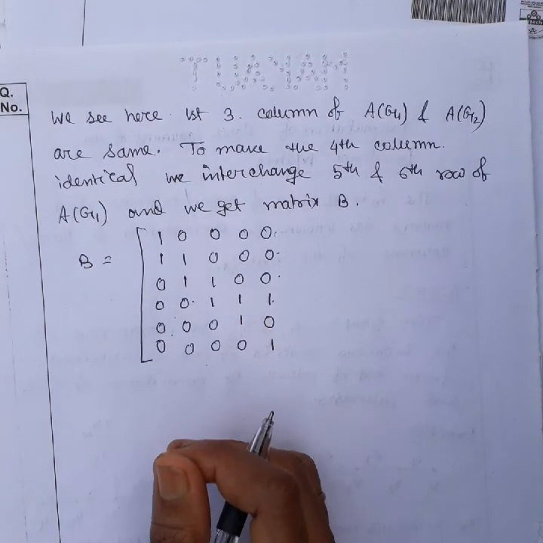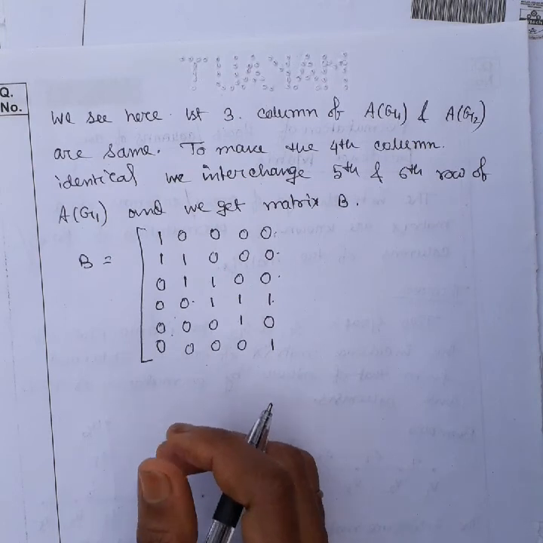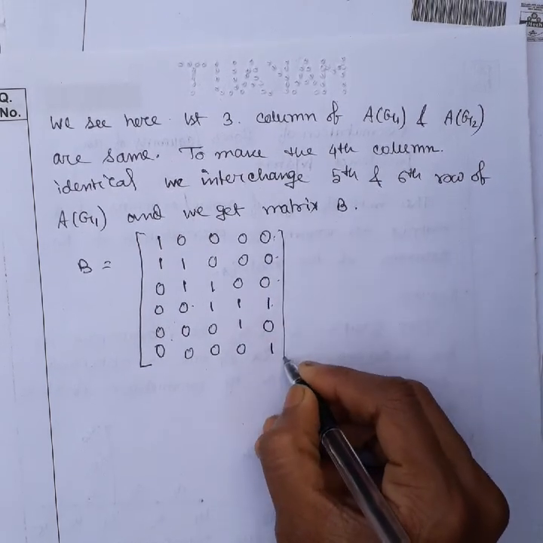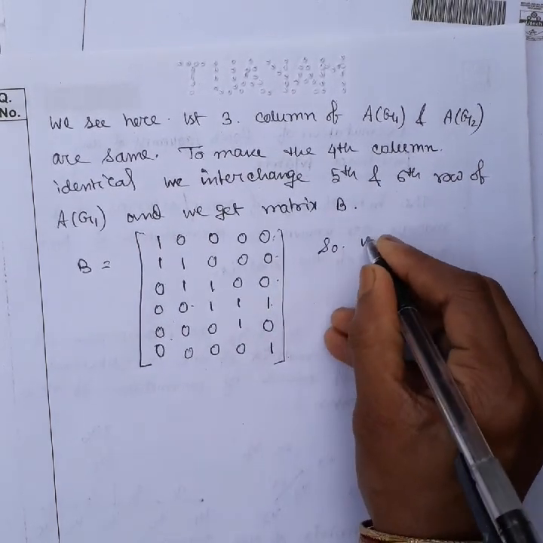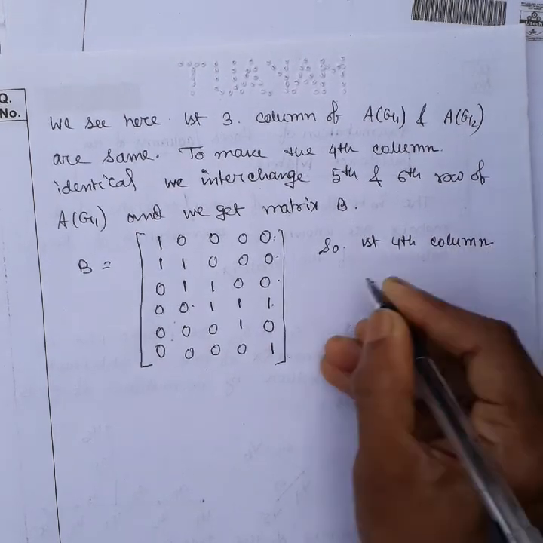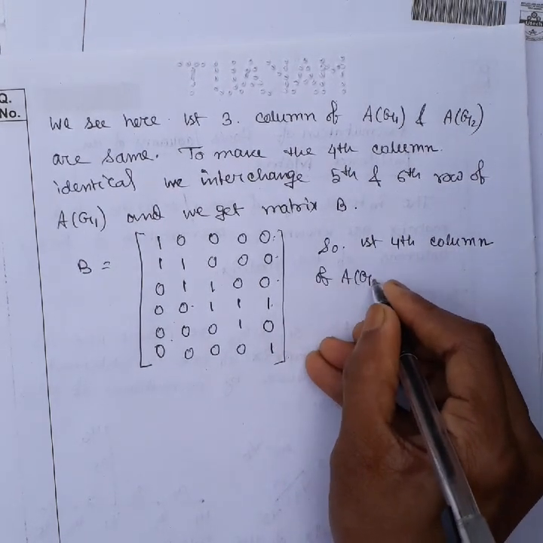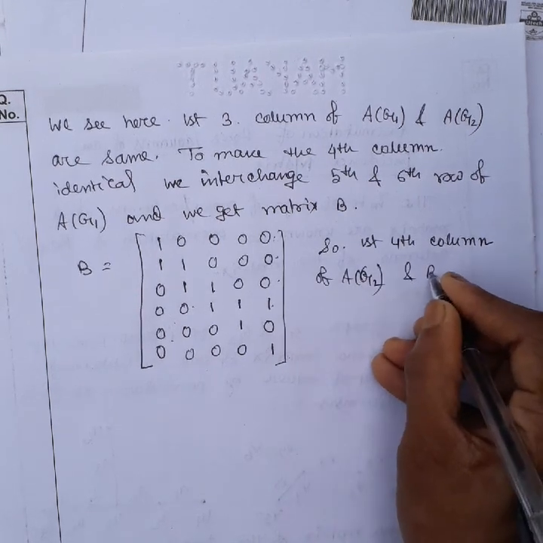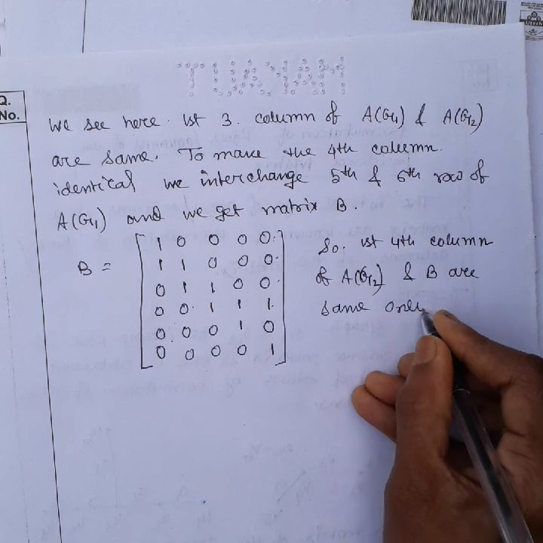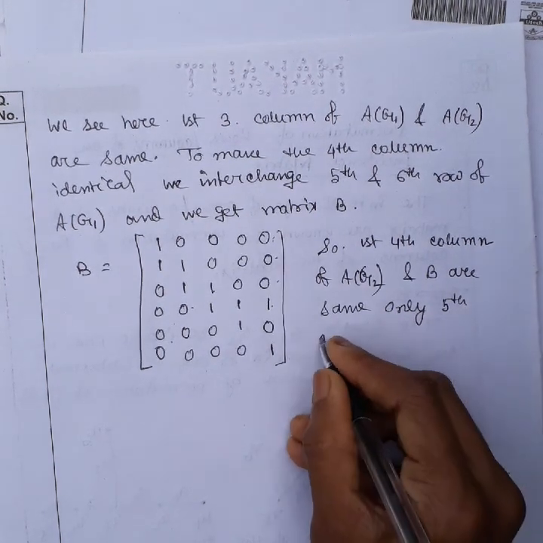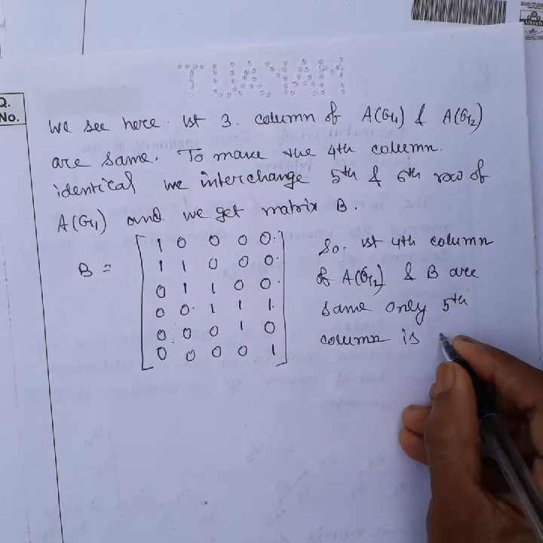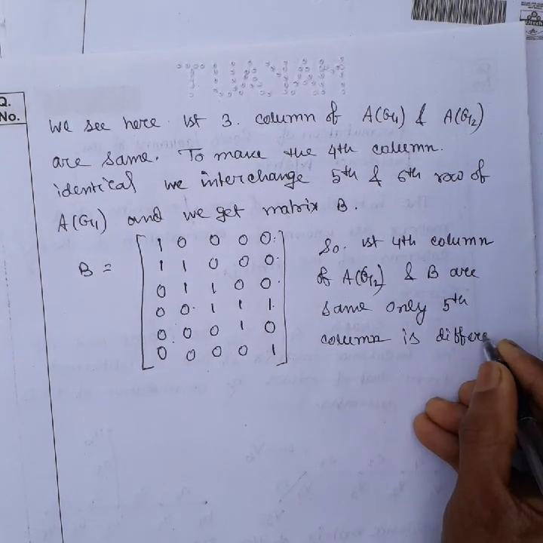The first four columns of A(G2) and B are the same, only the fifth column is different here.